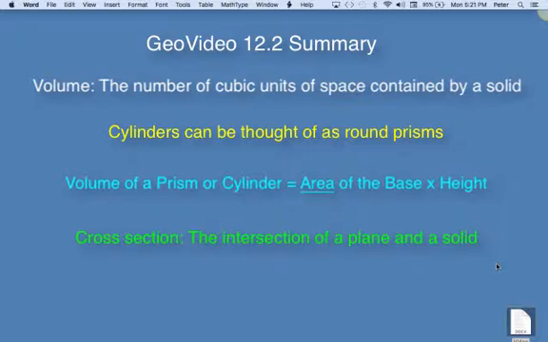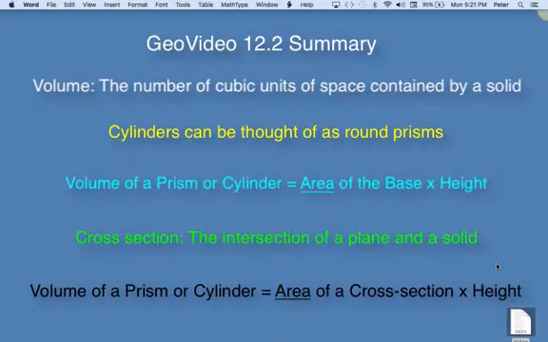Which means we can substitute the area of the cross-section for the area of the base in our earlier formula to give us another, less often used formula: the volume of a prism or cylinder is the area of the cross-section times the height of the prism or cylinder.